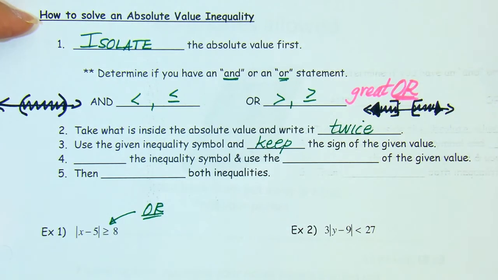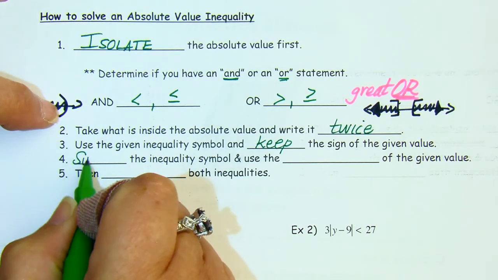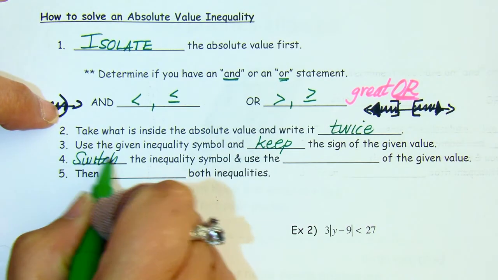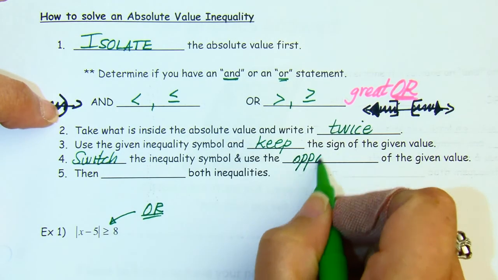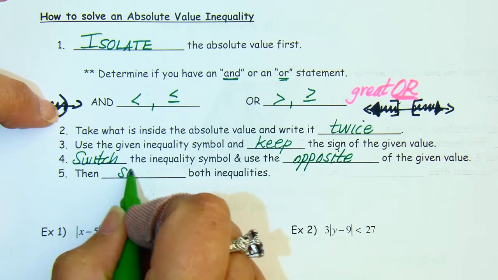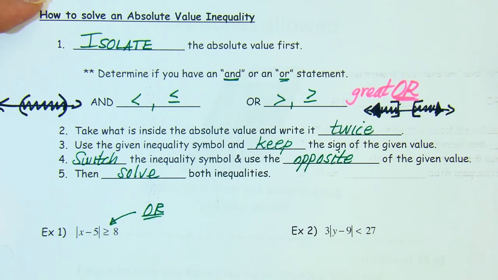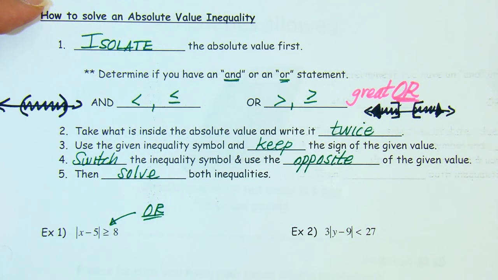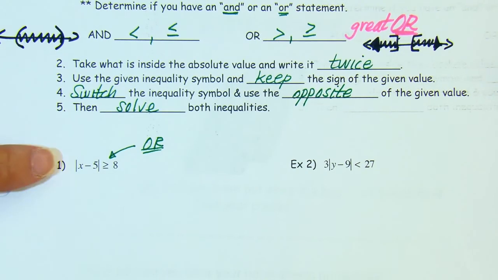For the second case, you're going to switch or flip the inequality symbol and use the opposite of the given value for case 2. And then we're going to solve both inequalities. So that's the setup. You just have to remember the and the or, and also the fact that you've got to isolate that first.